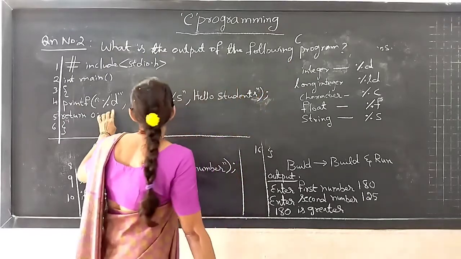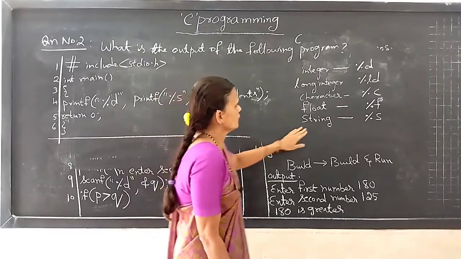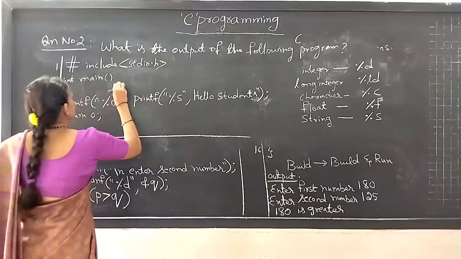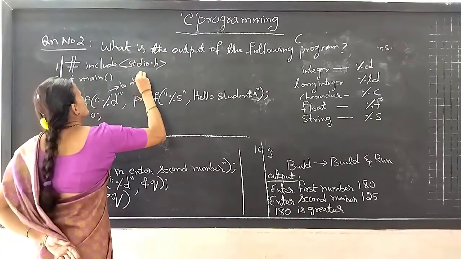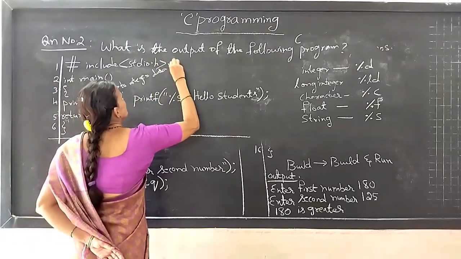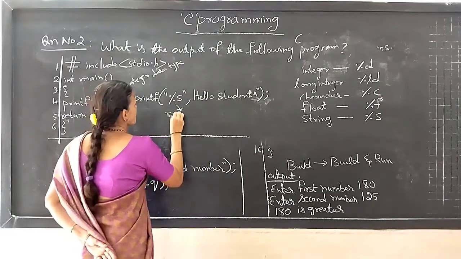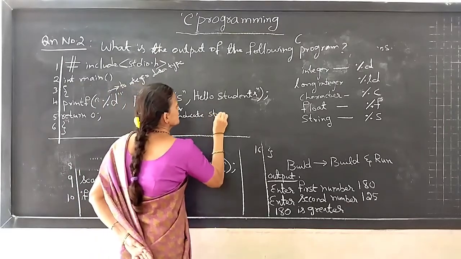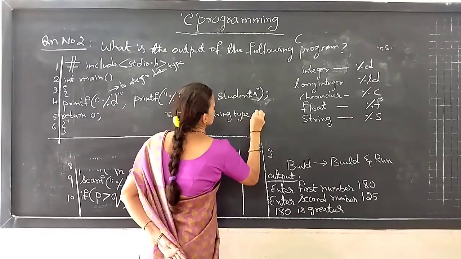Now we are using %d also, %s also. What is a string? A string is a group of characters. So %d is for the integer data type, to indicate integer data type, and %s here is to indicate string type, or characters, string type of data.